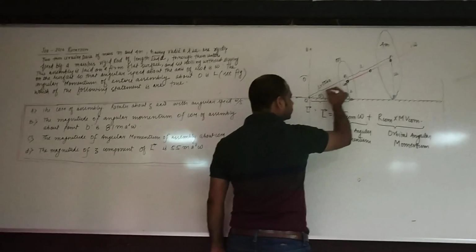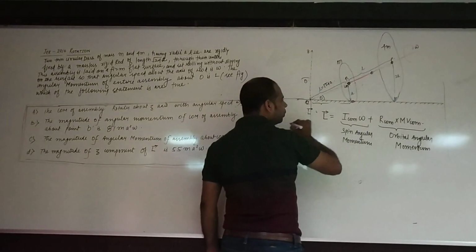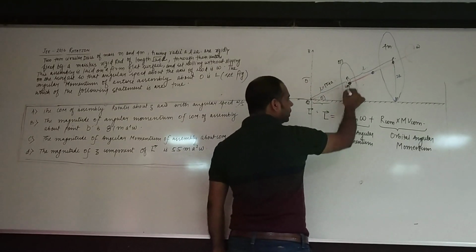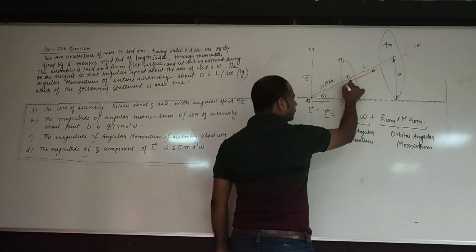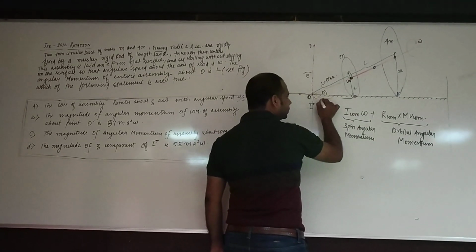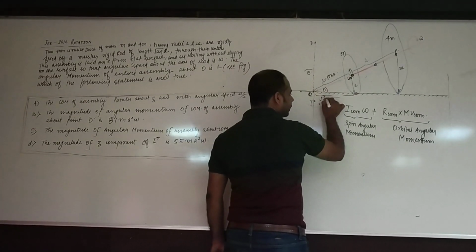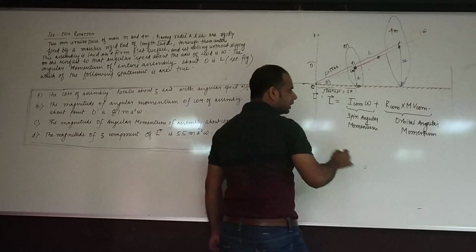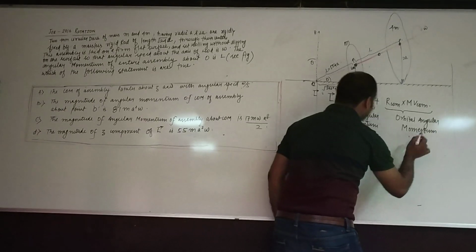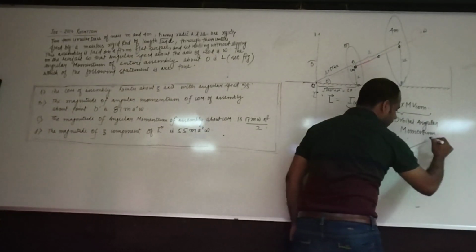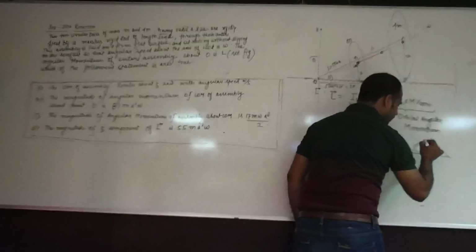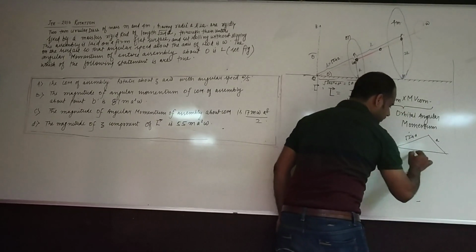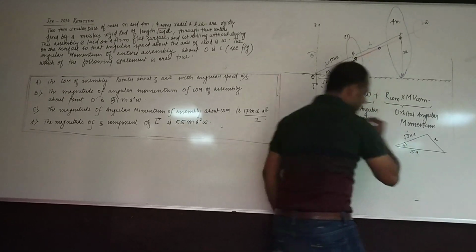We have extended this to pass through the point O, where this length, as mentioned in the question, is root 24a. This angle is 90 degrees, so this length becomes root of 24a square plus a square, so this is 5a. So if we draw a triangle like this, we have this as root 24a, this as a, so this becomes 5a, and this angle is theta.